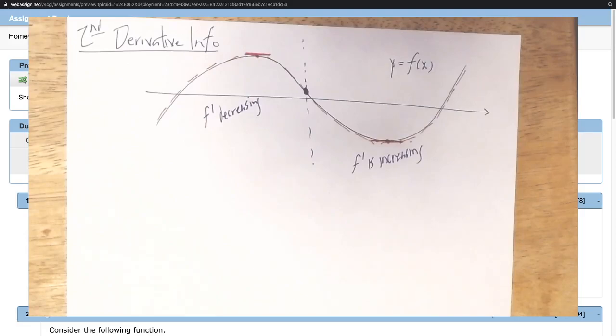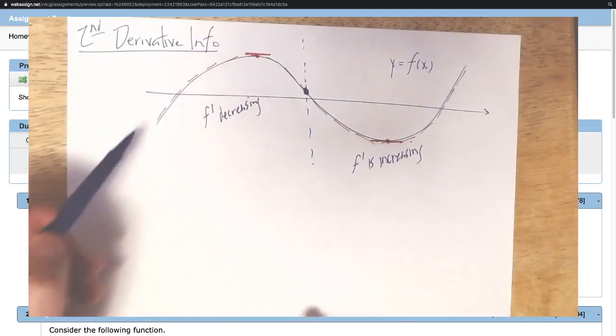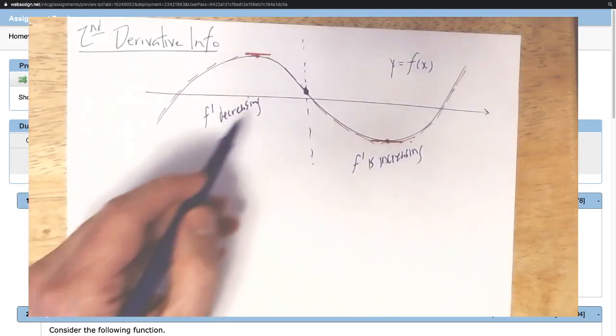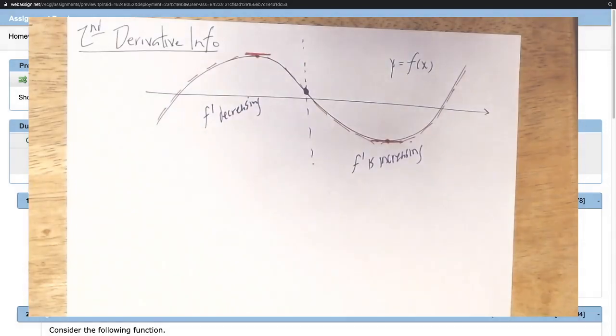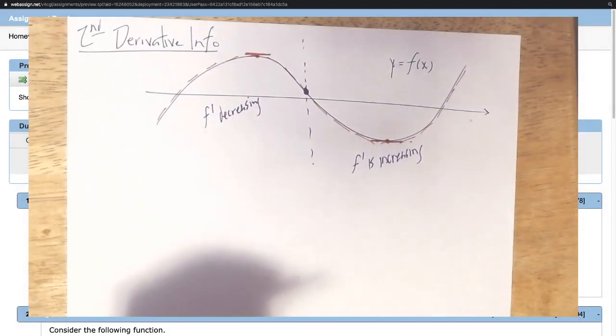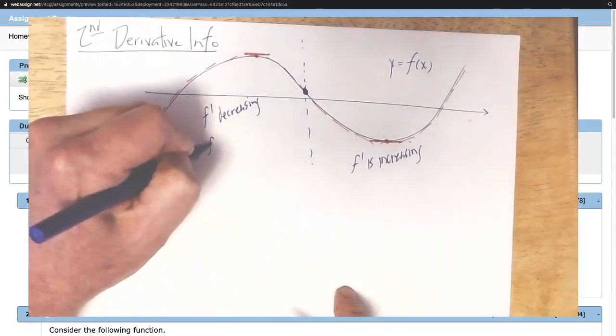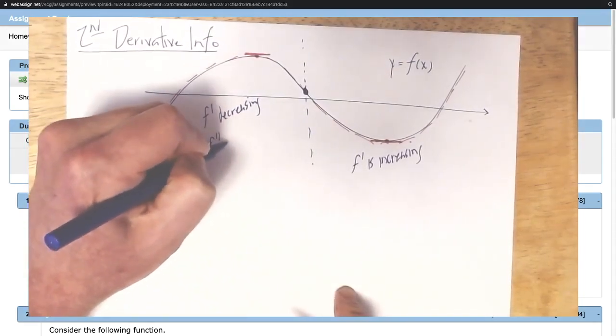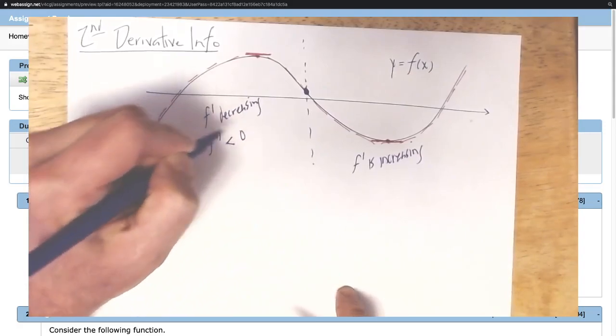Well, we saw earlier that meant its derivative is negative. So if we're saying over here in this left part of the picture that f prime is decreasing, what that corresponds to is the fact that the derivative of f prime, which would be f double prime, is less than 0.